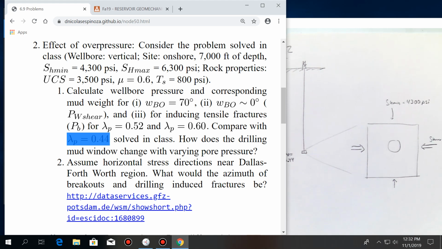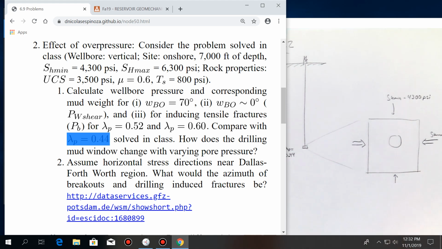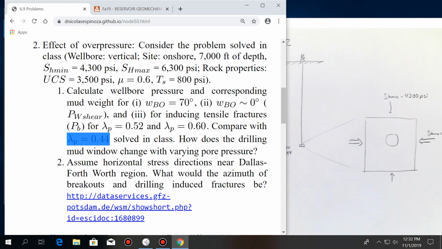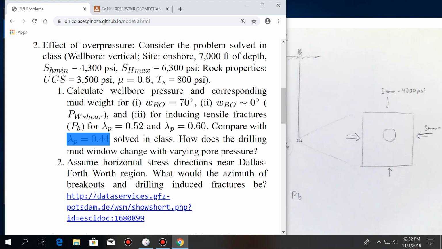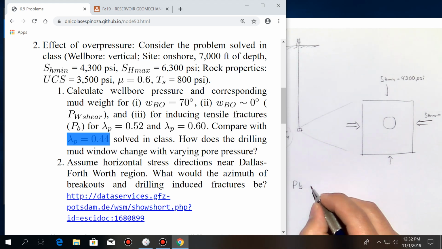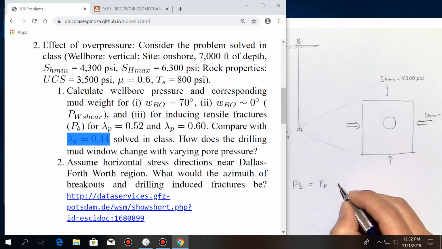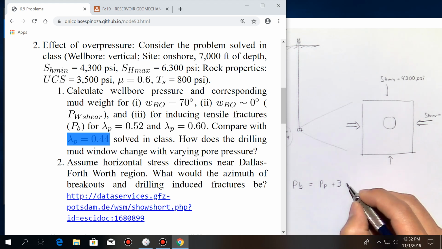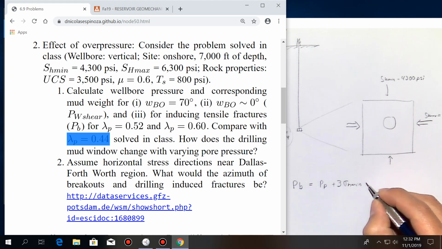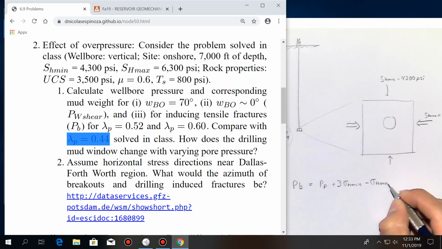Can you tell me what is PV, breakdown pressure, for these conditions? Okay, so from here you can calculate PP and PV. I'm just going to write the equation again so you don't have to look in your notes. It's going to be PP plus 3 times sigma h min minus sigma h max plus the tensile strength.